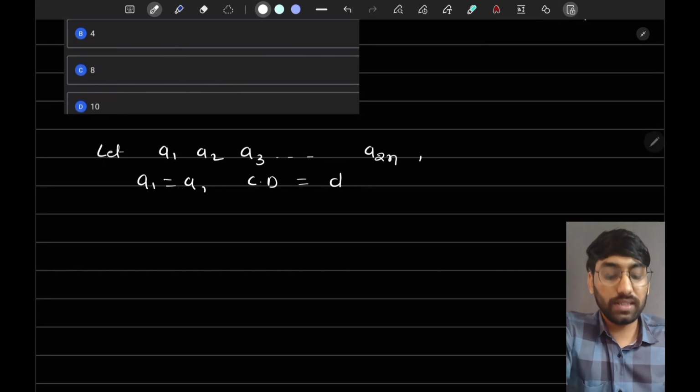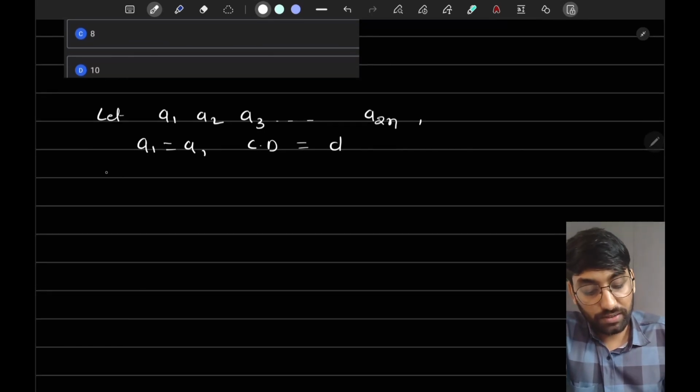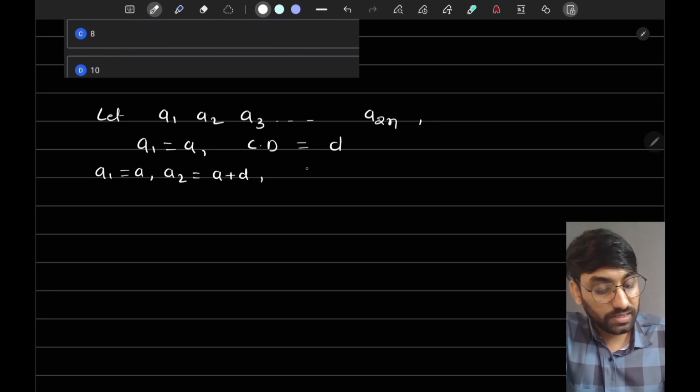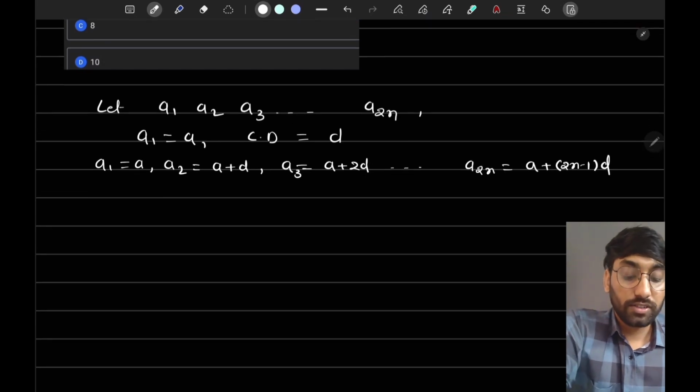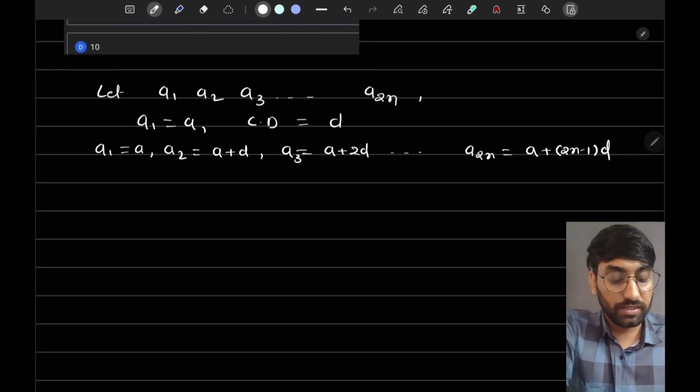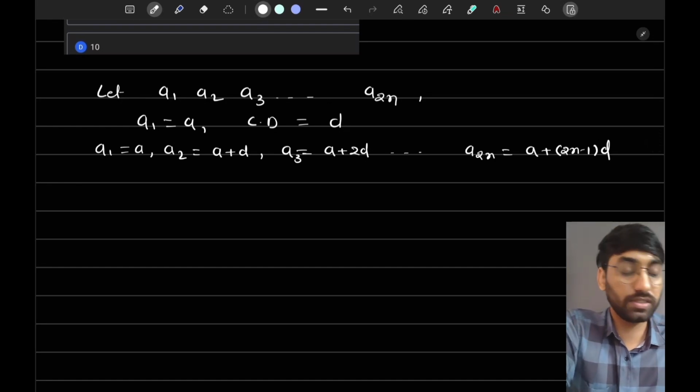So in this case I will get a1 as a, a2 as a plus d, a3 as a plus 2d, and similarly a2n is nothing but a plus (2n minus 1) into d. Okay, correct. So I got my sequence, right? The sequence is a, a plus d, a plus 2d, and so on till a plus (2n minus 1) into d.